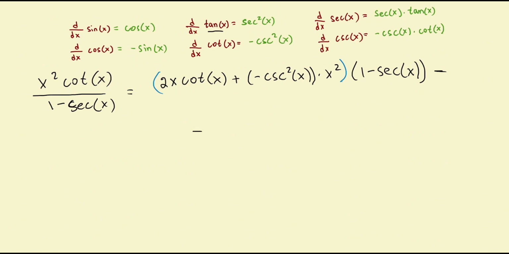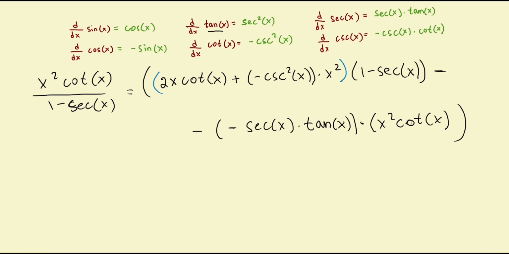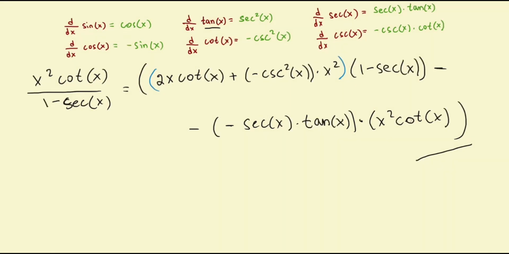Derivative of the denominator is going to be 0 minus derivative of secant is going to be secant x times tangent x, times the numerator, x squared cotangent x. And we divide all of this by the denominator squared.